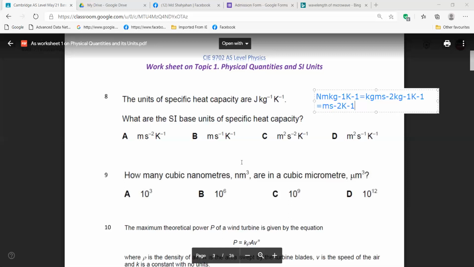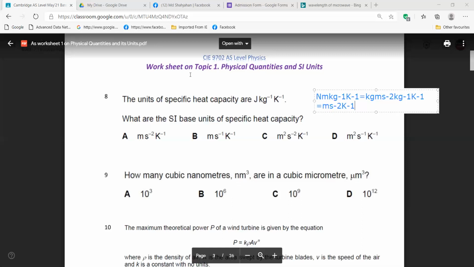When you are dividing, keep in mind that nano means 10 to the power minus 9, and its cube means 10 to the power minus 9 whole cube, right? And micrometer means 10 to the power minus 6, so its cube means 10 to the power minus 6 whole cube, right? You just take this example the way I told you.